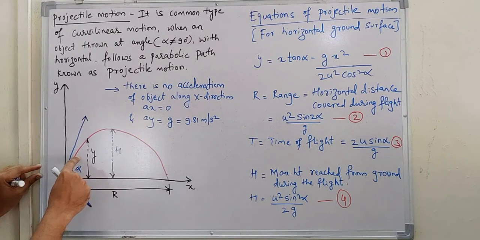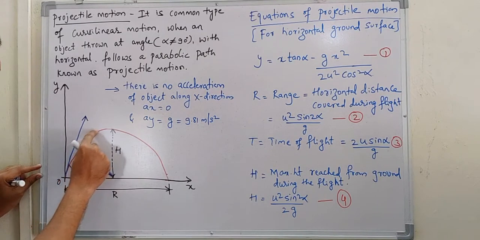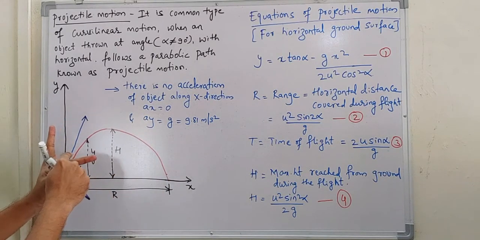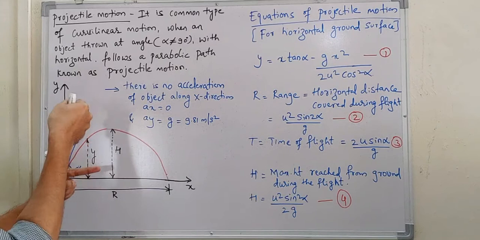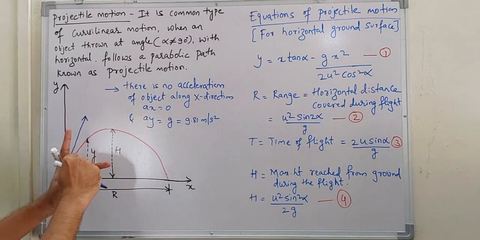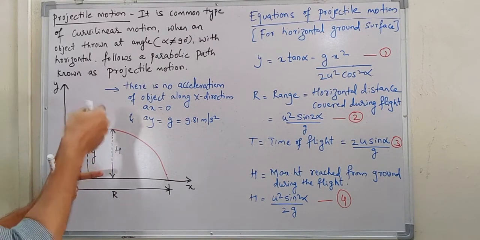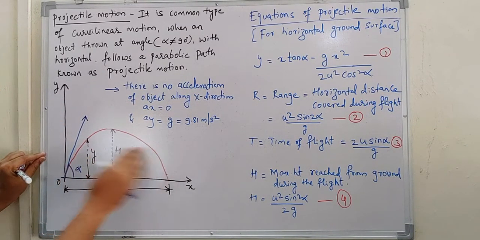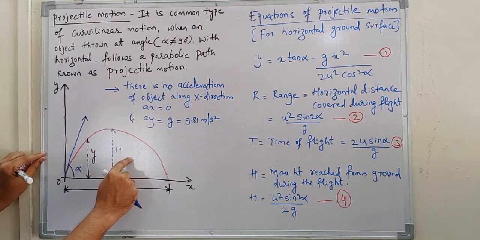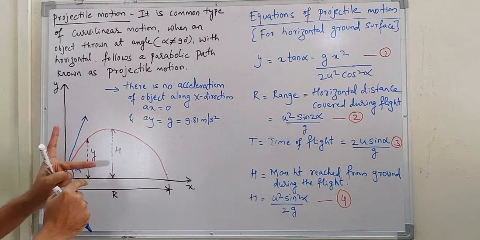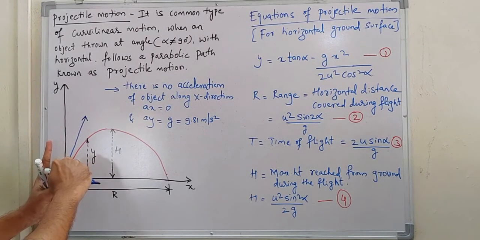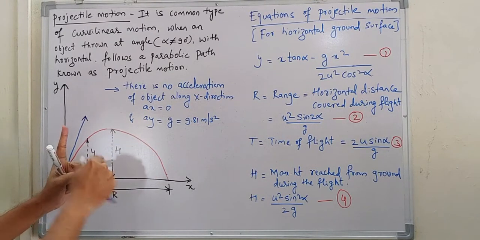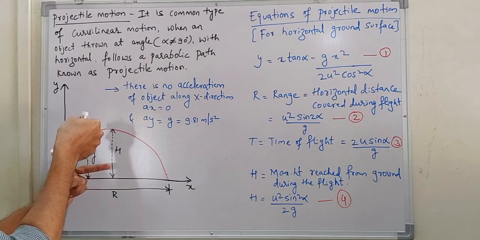Like discussed earlier, when the particle is following this parabolic path, you can see that it is changing its position both along the x direction as well as along the y direction.